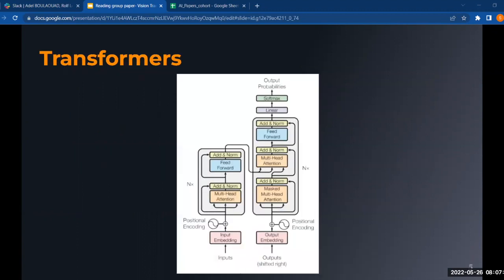Yeah. So just a brief overview of transformers. Transformers are a deep learning architecture that came into being in 2017, and it is currently the state of the art in the domain of NLP. A transformer can be divided into two main blocks.